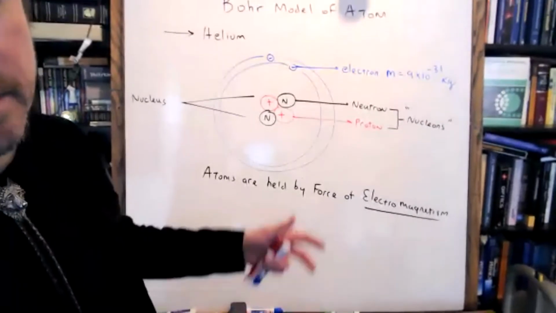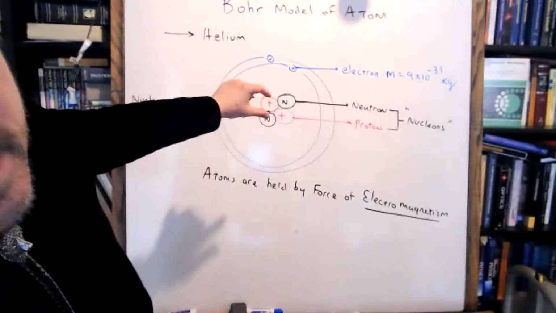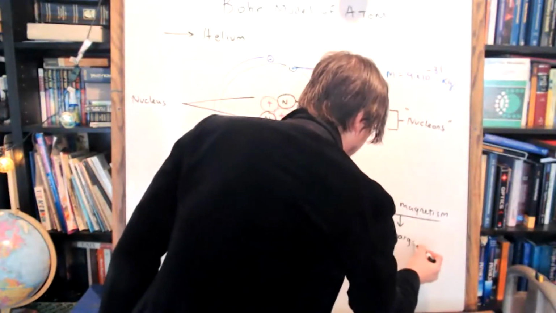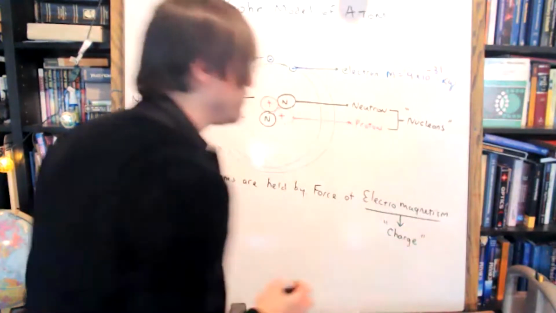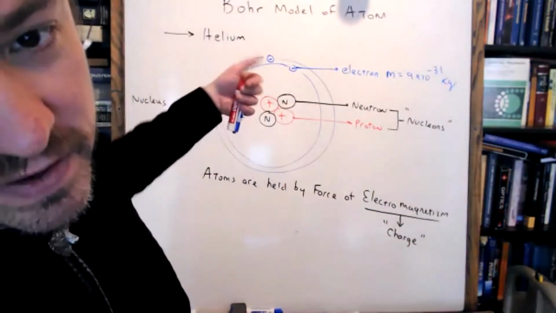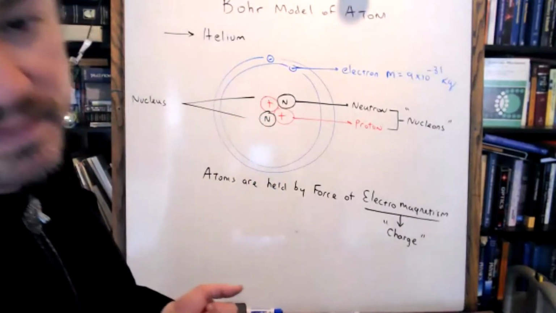Electromagnetism is based on a property of matter that is not mass, but a property called charge. And charge can come in three flavors, right? Positive, negative, or no charge.